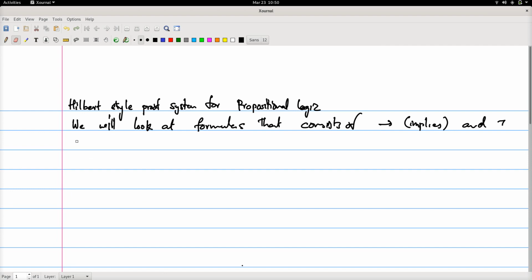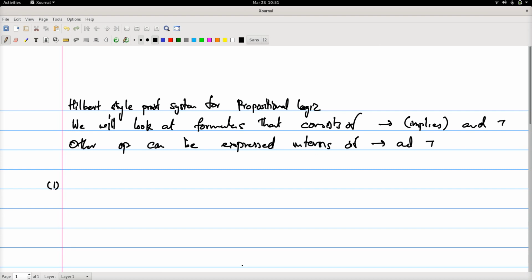Other operators can be expressed in terms of these. And so the system consists of three axioms.